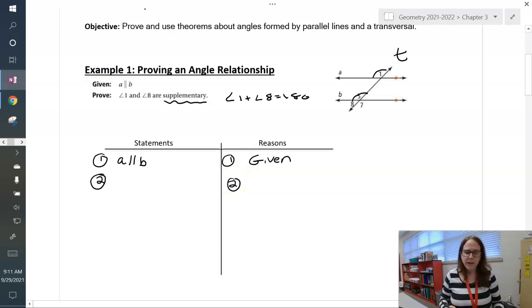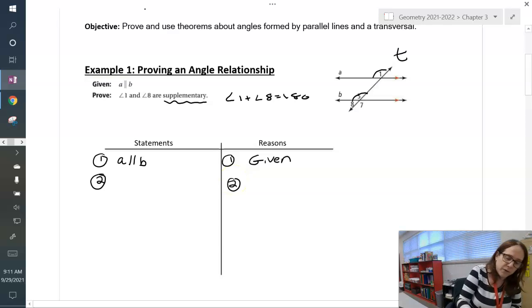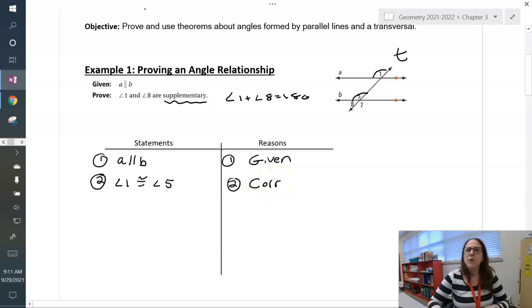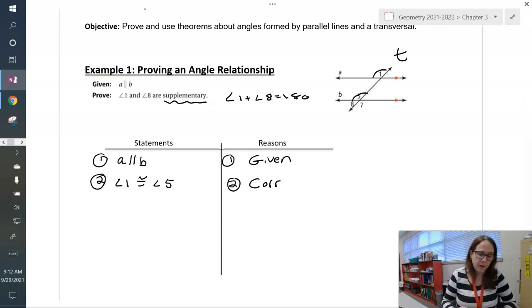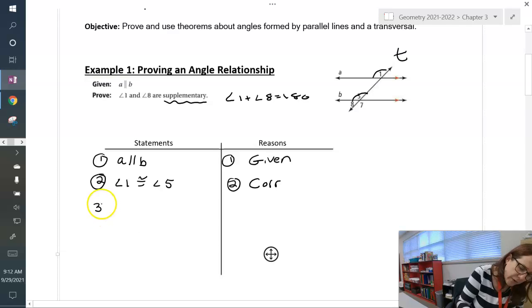The next thing that I said, and I marked it on my diagram, I marked angle 1 congruent to angle 5. And I did that because they were corresponding angles. Remember, if you mark it, write it. The next thing I mentioned was angle 5 and angle 8 are linear pairs.